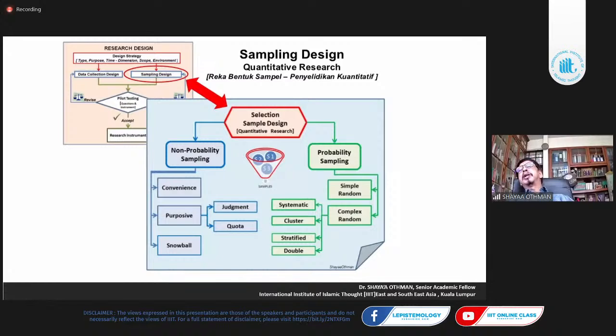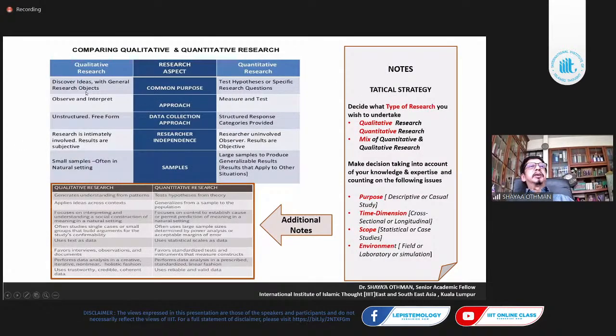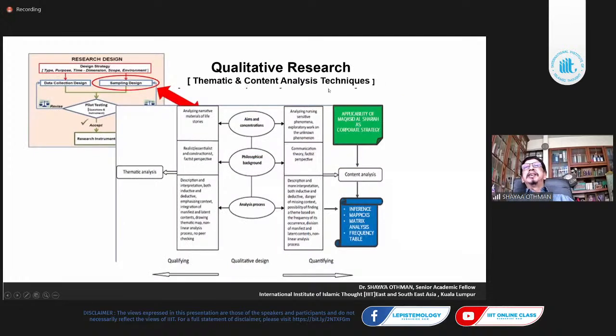But something that you cannot provide some probability sampling, something where you want to see the ideas, you read the books and the journals and get the ideas using content analysis. Content analysis is a method of determining the pattern of ideas.